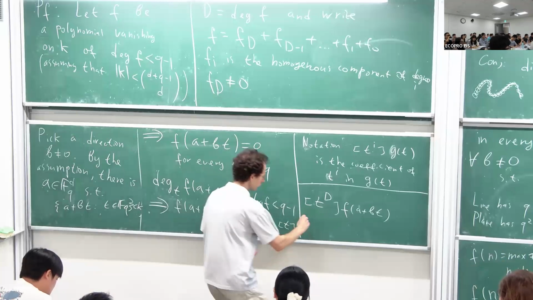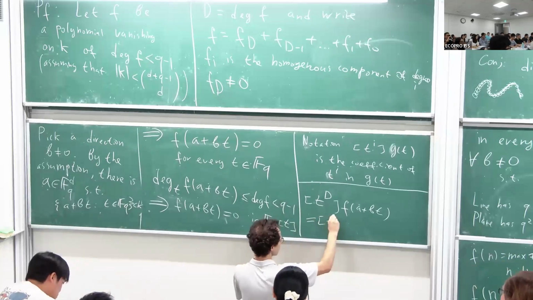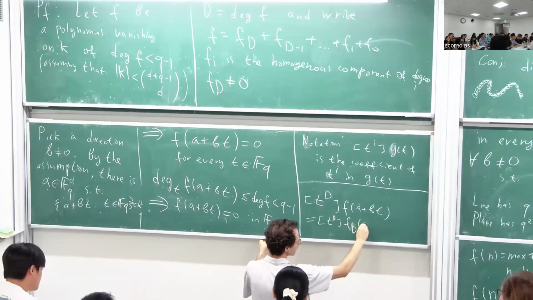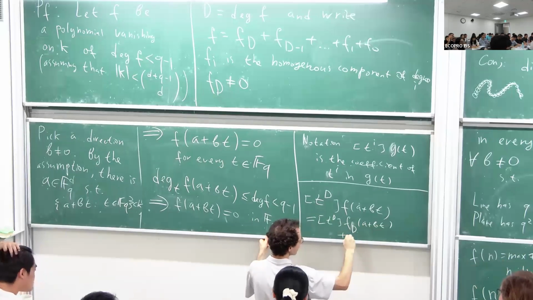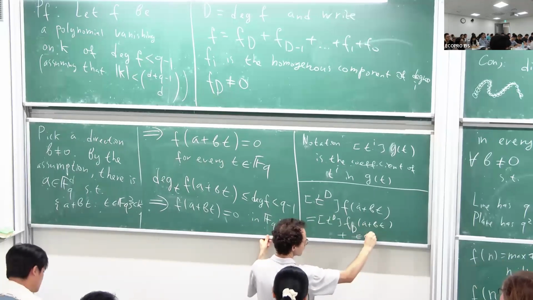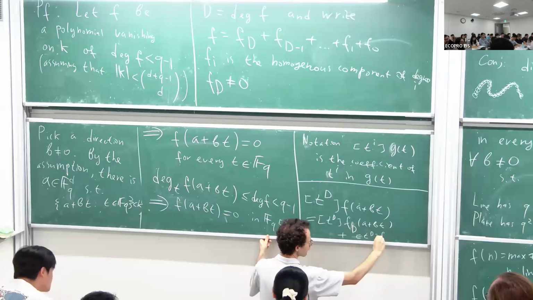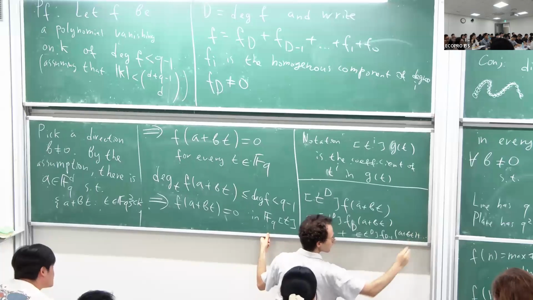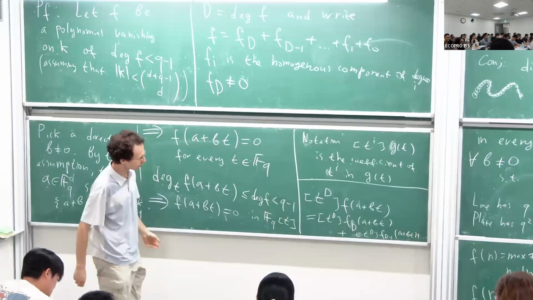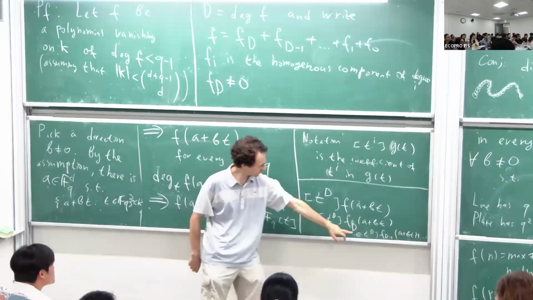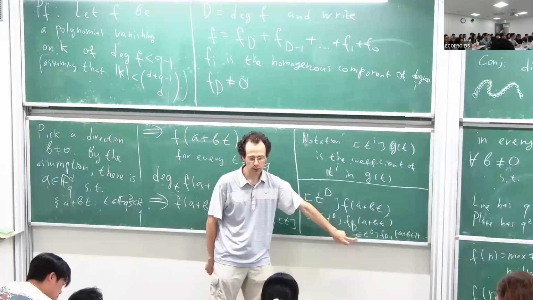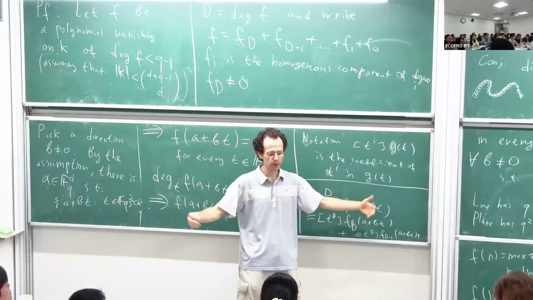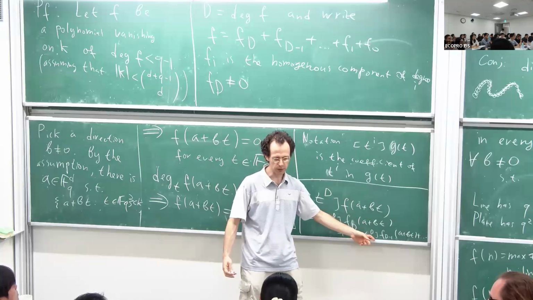It's going to be the coefficient of t to the D in f_D plus the coefficient of t to the D in f_{D-1}, plus etc. Now, the good thing about this expression is that starting from the second term, these are all going to be 0, because these polynomials have degree strictly less than capital D, so I'm not going to get any t to the D terms.